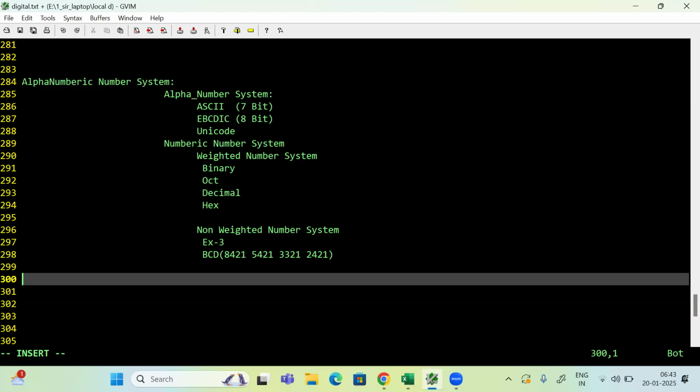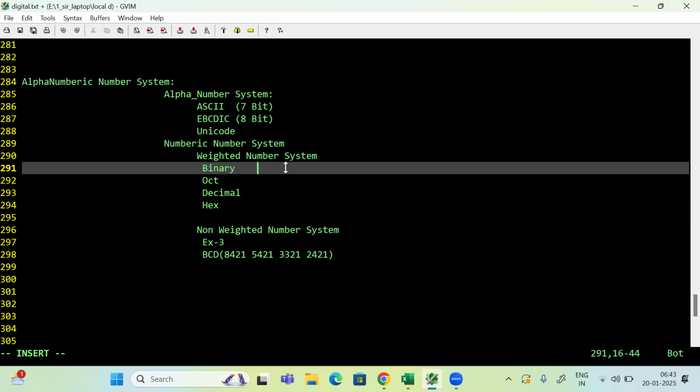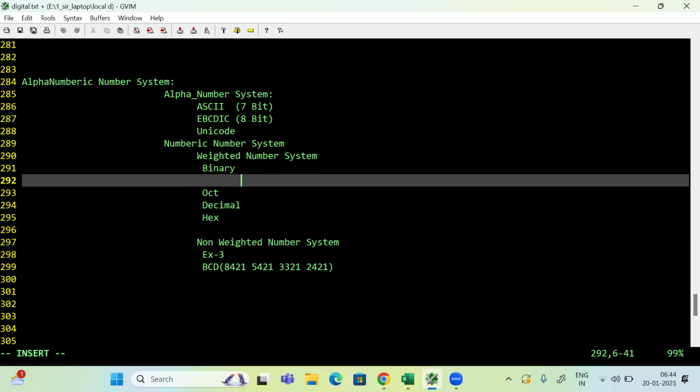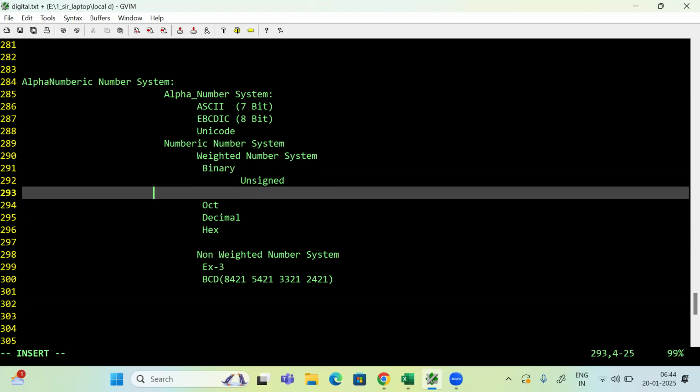One more, last is, again, if you remember, in binary I can categorize again as unsigned and signed, correct?